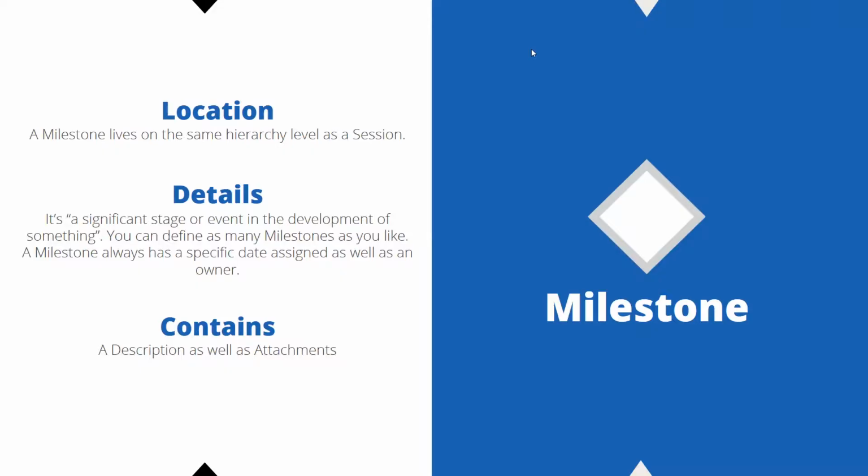Maybe one thing to mention, milestones are not specifically bound to any session. You can create them anywhere within a test planning folder. So they essentially live on the same hierarchy level as a session does, for the sake of making them more flexible and not binding them to a specific session, because you might want to reuse them within the next session, for example.